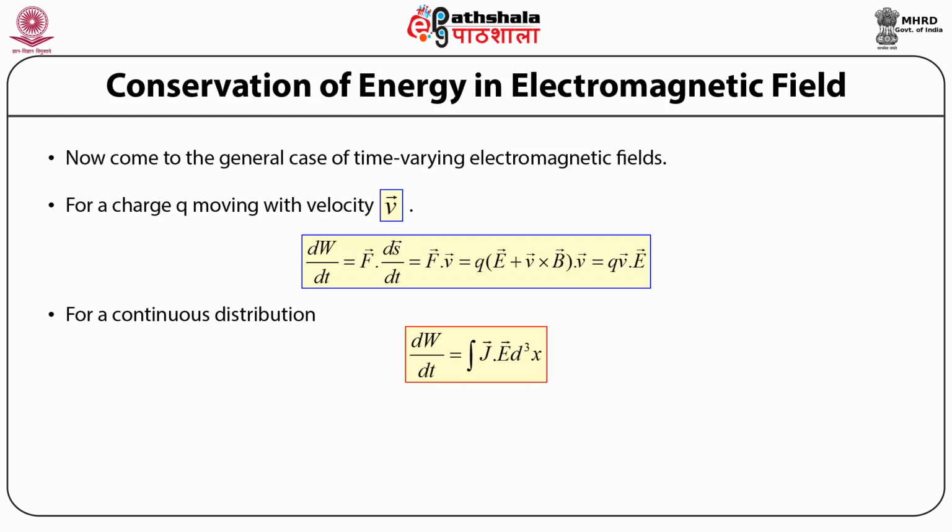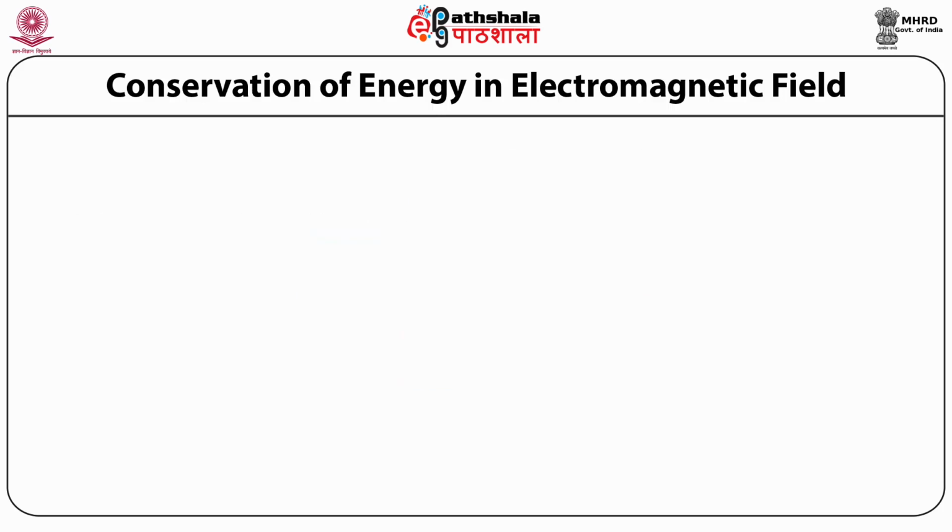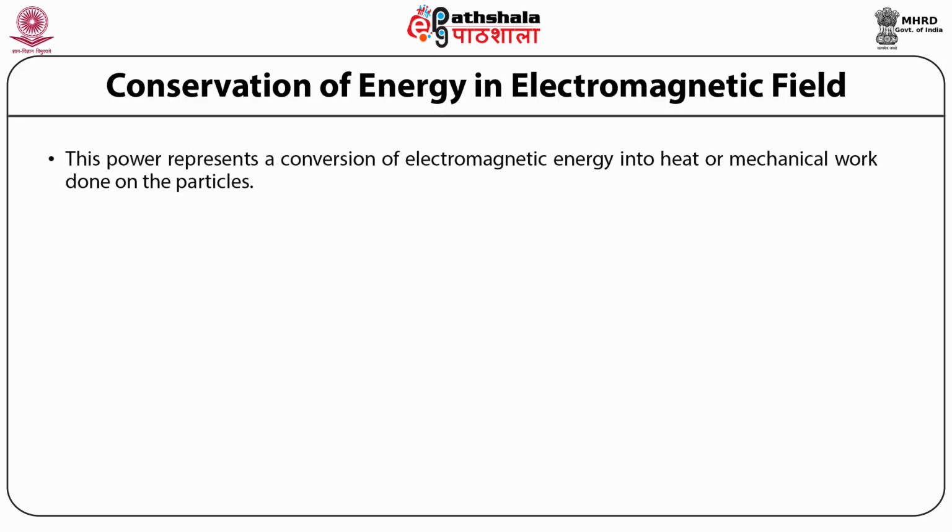Then using the definition of a continuous distribution, that means replacing the charge and the velocity vector with the current density vector, we can rewrite the time derivative of the work done as equal to the volume integral over the volume element d cube x of the current density vector j dot the electric field vector E. Now this expression for the rate of work done, which is actually equal to the power, represents a conversion of the electromagnetic energy into heat or mechanical work done on the charged particles.